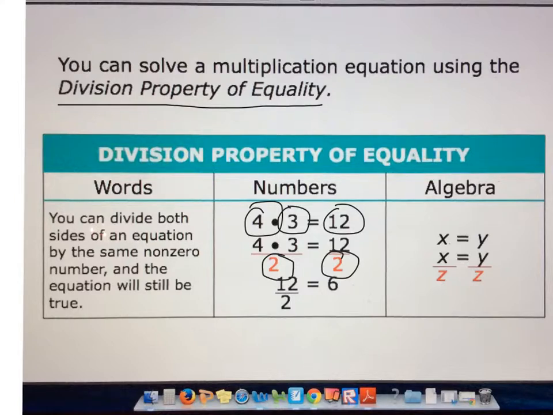You have to use division if you have a number called a coefficient being multiplied by a variable. For example, if 3 were being multiplied by x to equal 12, we would have to use division to separate the 3 and the x, which we'll see in the following examples.